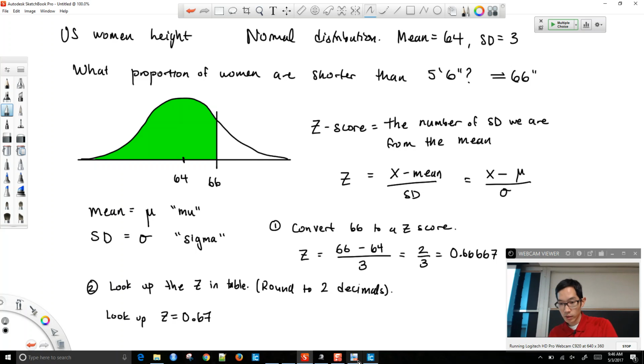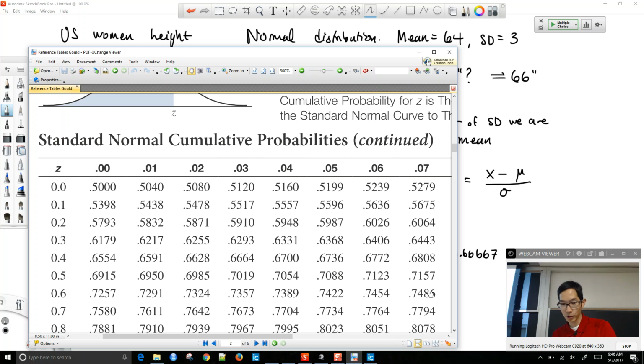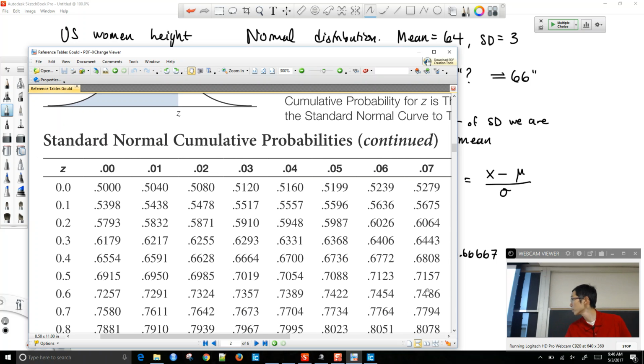When I do this, I go to the row 0.6, I go to the column 0.7. Coincidentally, we had looked up this number earlier. And the number that we find is 0.7486.